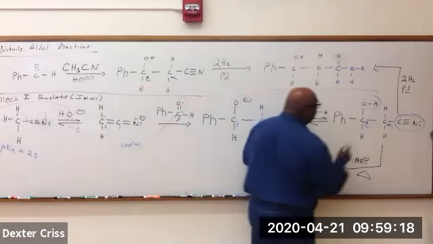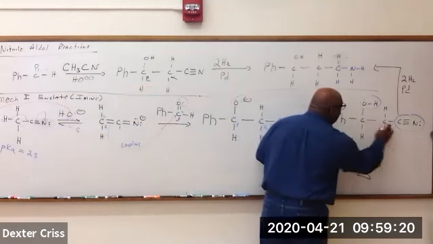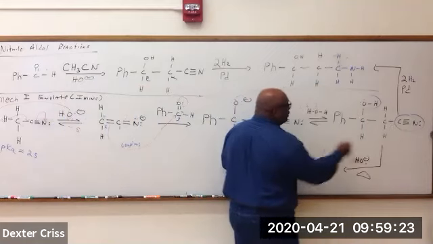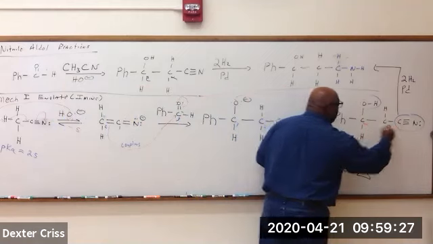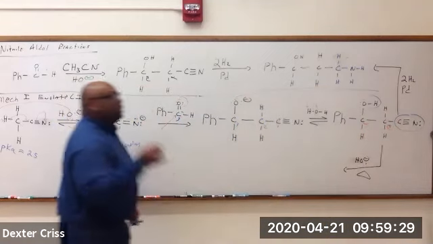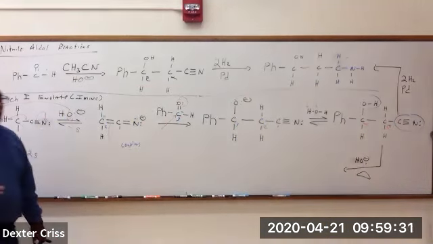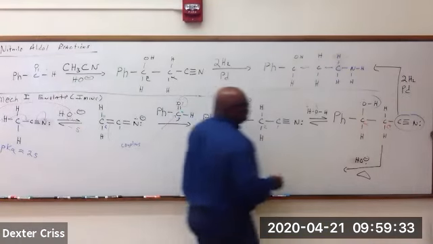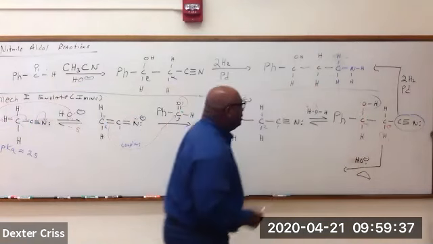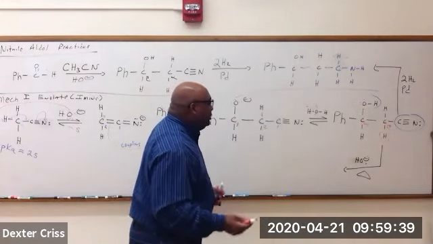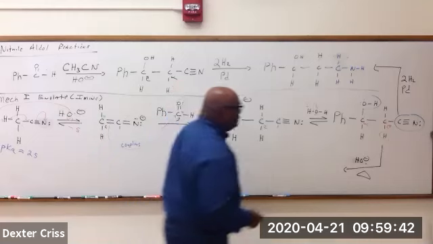And dehydration will work, because if I reclassify these carbon atoms, the carbon with the hydroxyl is alpha now, and that's my beta carbon. That proton is most likely anti to the hydroxy.